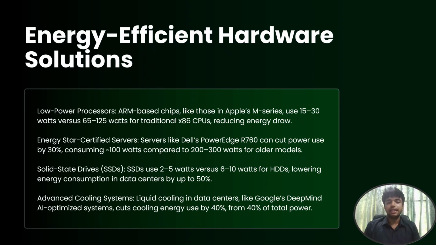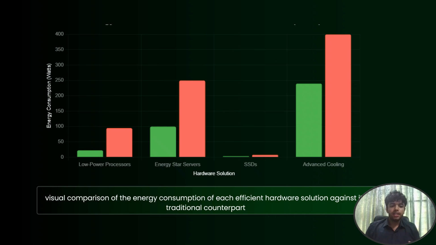We can use SSDs instead of HDDs as they reduce power consumption by almost half. We can use advanced cooling systems like the liquid cooling system used by Google DeepMind, which has reduced their energy consumption by around 40%. This is a visual comparison of the energy consumption of efficient hardware solutions and the traditional ones.